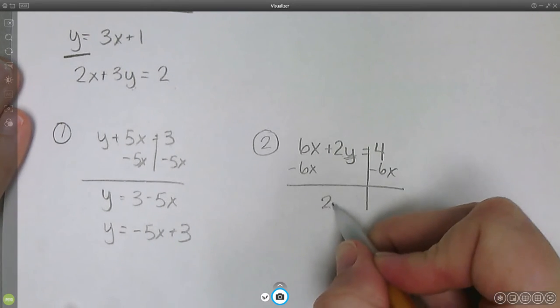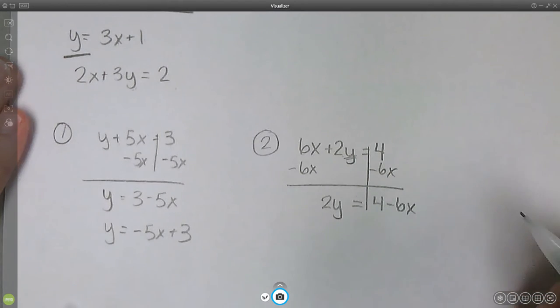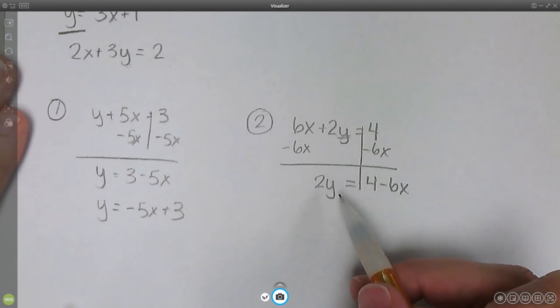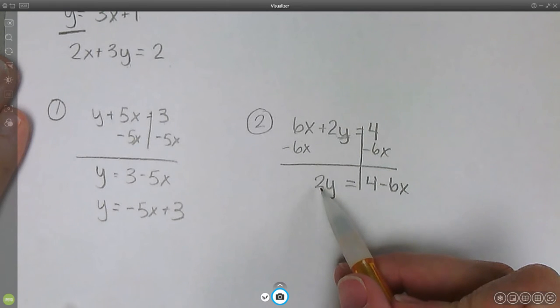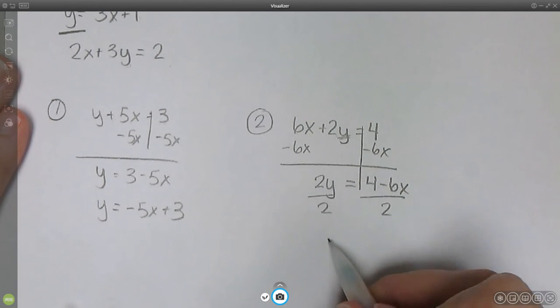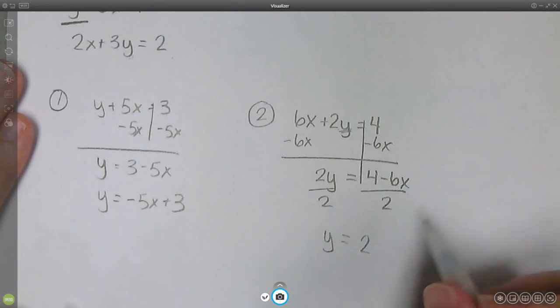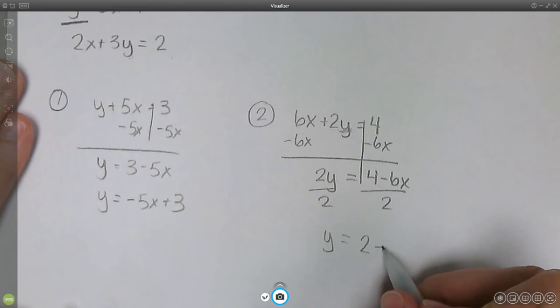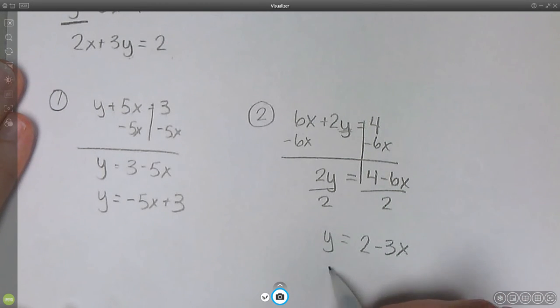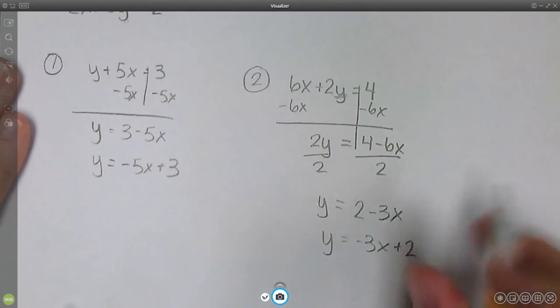So we have 2y equals 4 minus 6x. Okay, but now this one has a 2 with it, so we need to divide both sides by 2. So you get y equals 4 divided by 2 is 2, 6 divided by 2 is 3. You can leave it like this, or if you prefer, you can write it like that instead. And we have y equals.